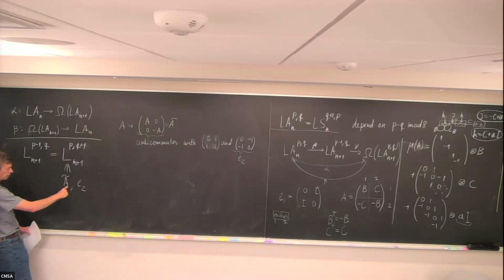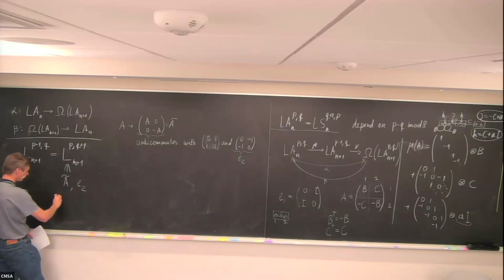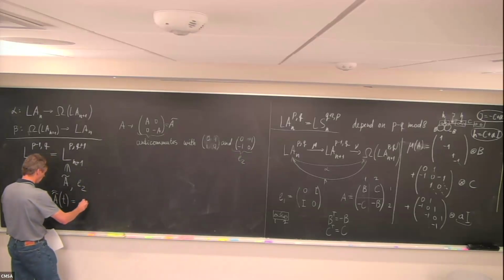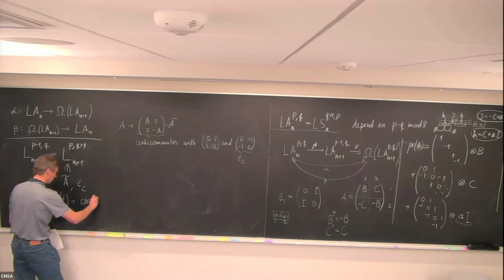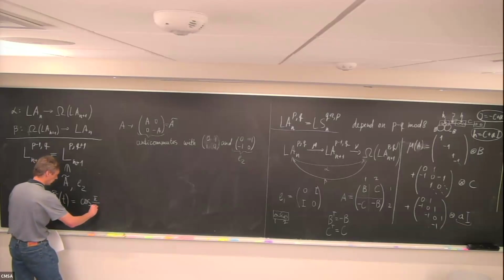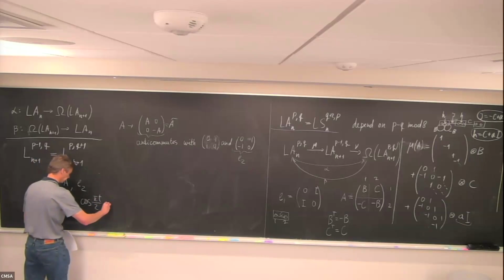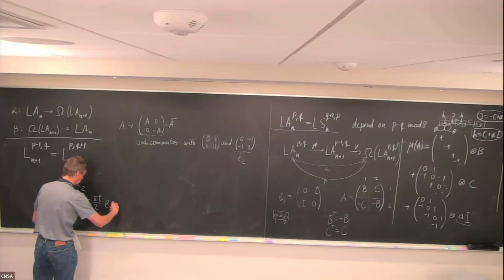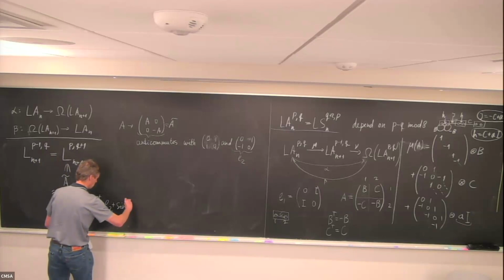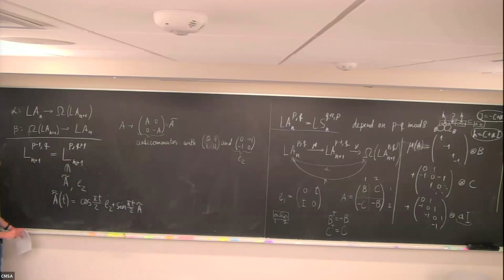And let me write a formula like A double tilde of T equals a sine pi over 2T times E2... These two matrices anti-commute, and that guarantees the conservation of the gap.